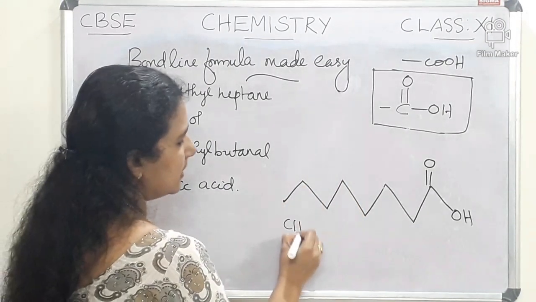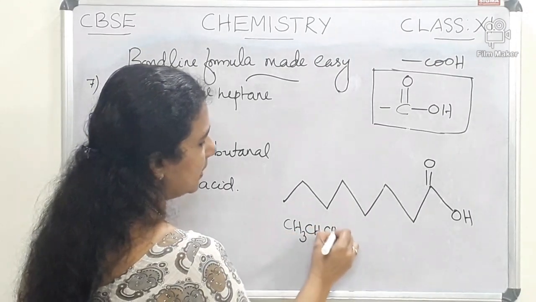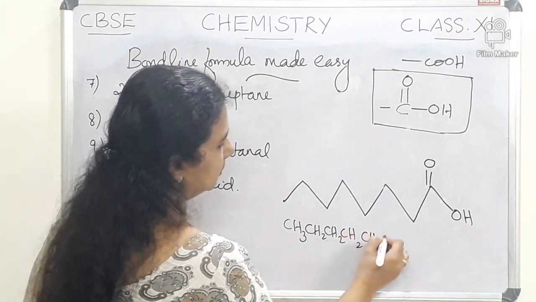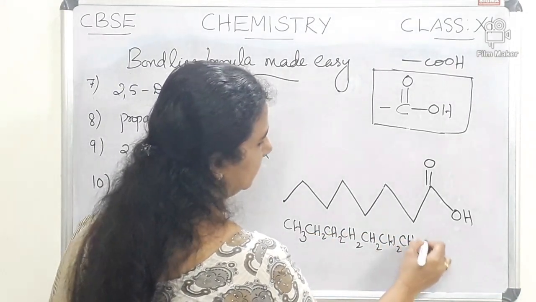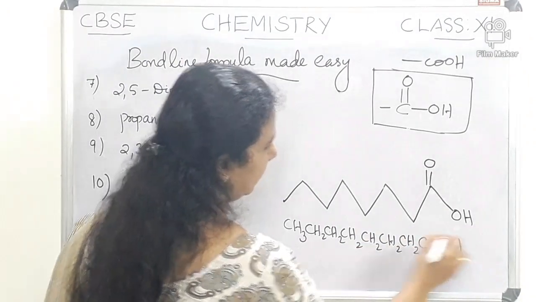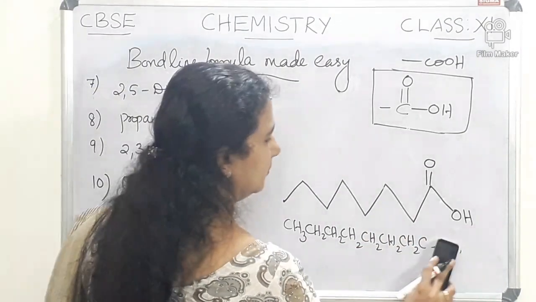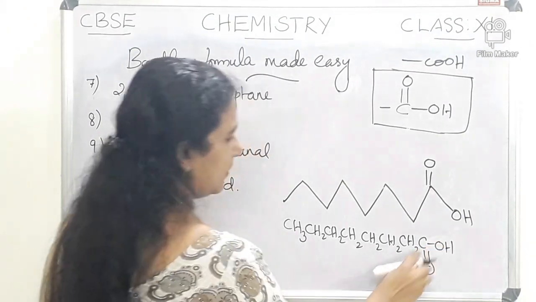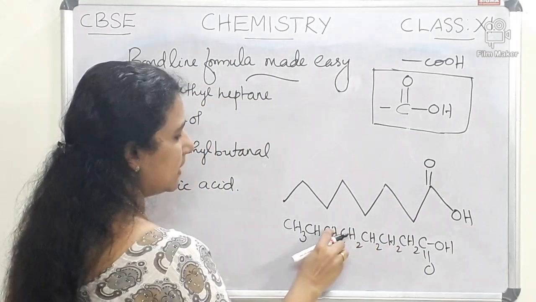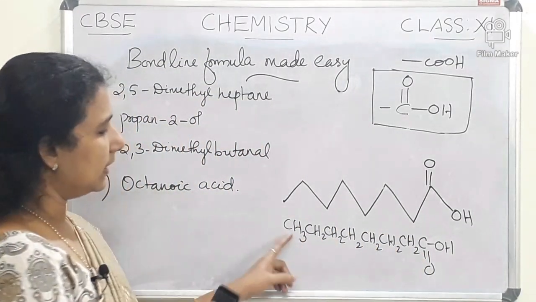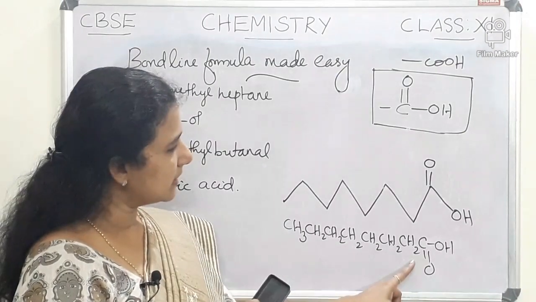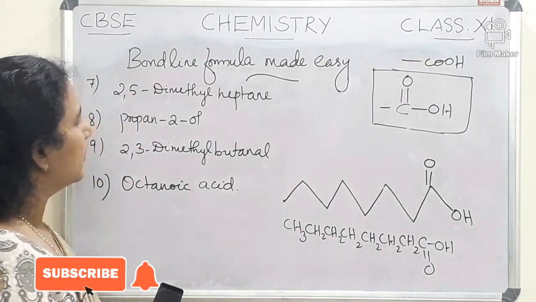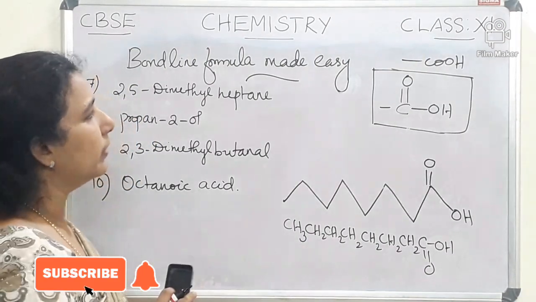So actually this is CH3, CH2, CH2, and so on, 1 to 8. So this is a condensed formula. So from this it is clear that this is the correct bond-line formula. So this is about the bond-line formula of organic compounds.